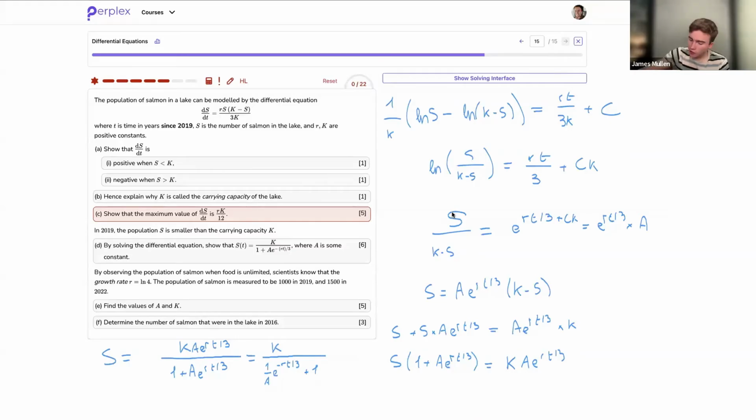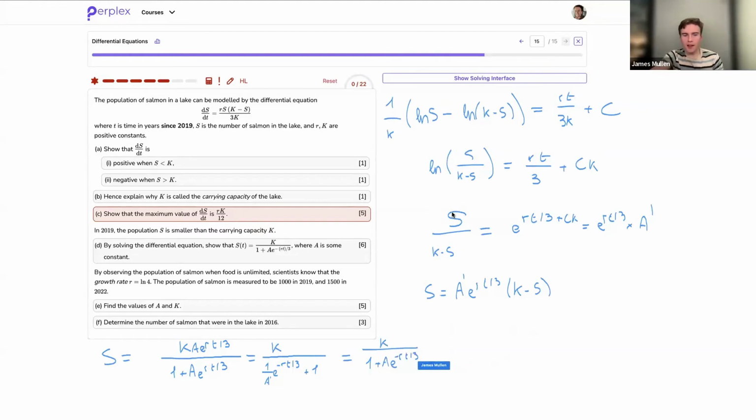Now, I shouldn't have called this a because now it's a different a than what I want. I'm going to call this a prime. All right, a prime, because it's not exactly what I wanted. So these are all a prime. And now I'm just going to say that 1 over a prime is equal to a. Okay? Simplifying this, I am going to get k over 1 plus a e to the negative rt over 3. All right, and that is the answer I was looking for.